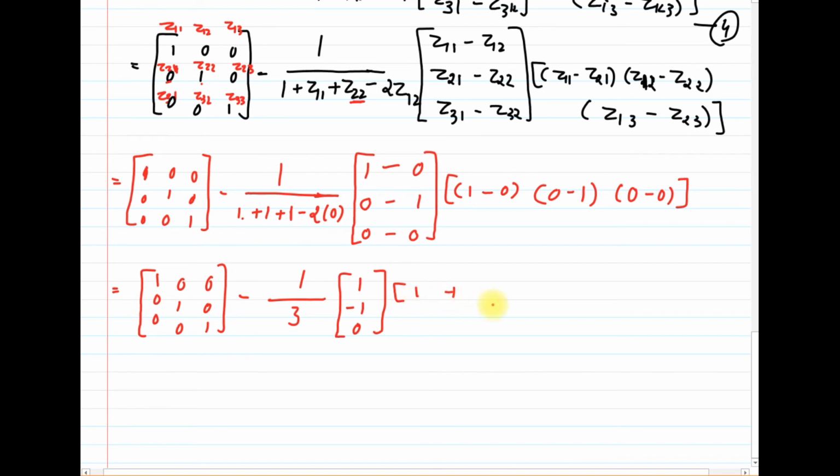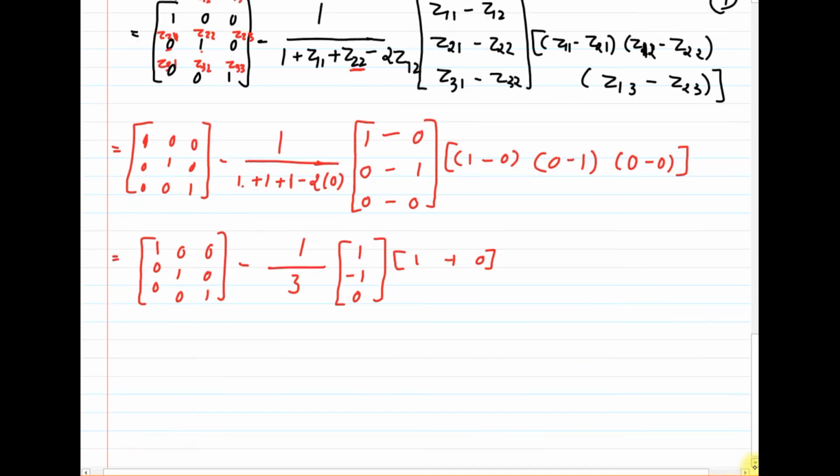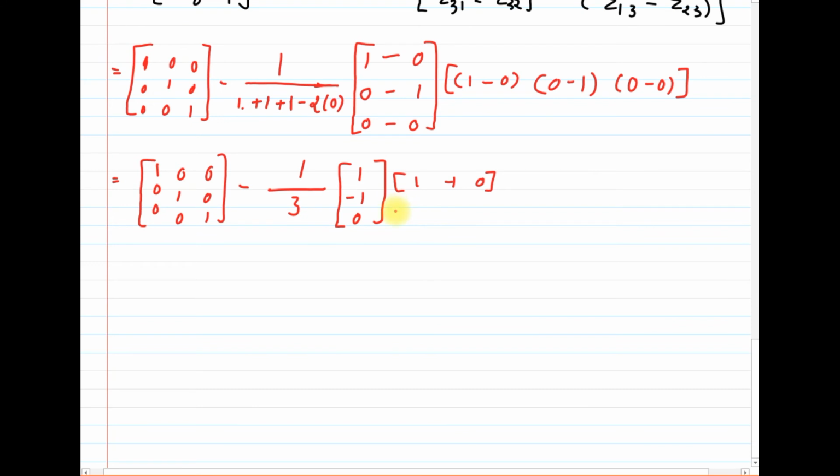Then and then you can easily calculate the matrix multiplication. Clear? So after just multiplying this column vector into the row vector, we'll get the final answer.